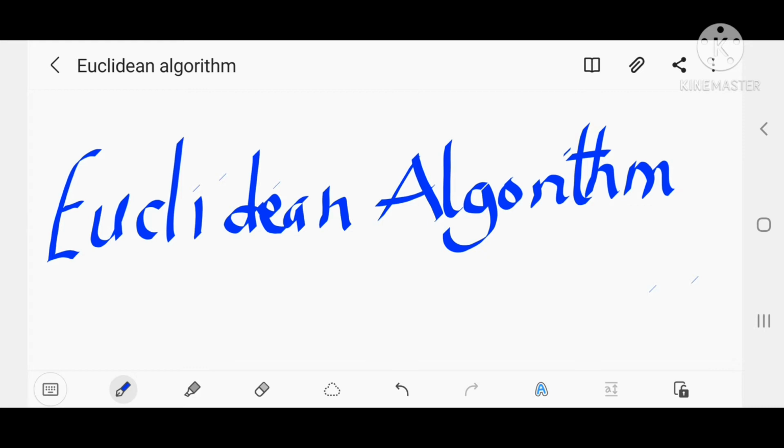Today we'll be looking at the Euclidean algorithm. The Euclidean algorithm is an approach to finding the greatest common divisor between two different numbers.